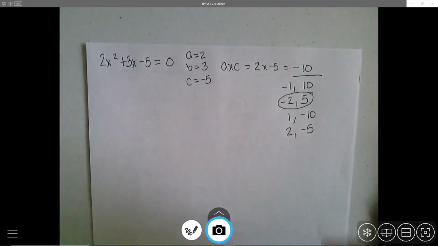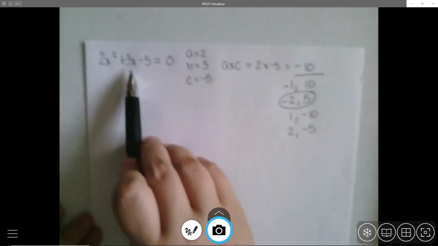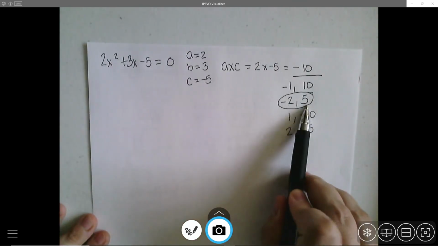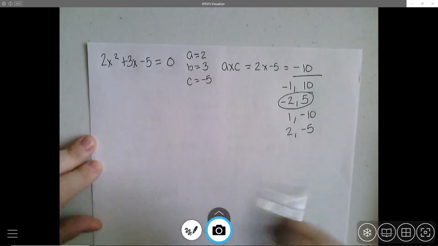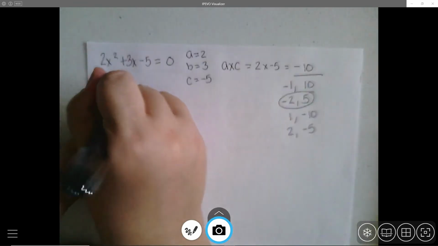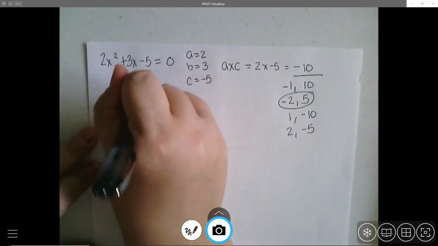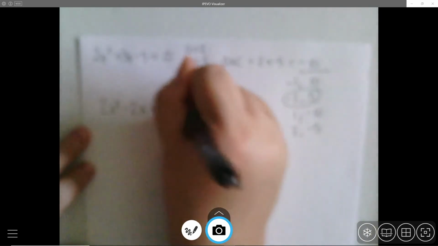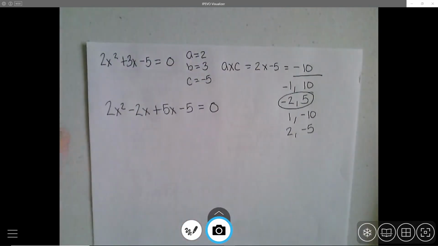Remember, those factors are how we're going to rewrite our middle term. Instead of 3x, it's going to look like a -2x and a positive 5x. So 2x squared minus 2x plus 5x minus 5 equals 0.